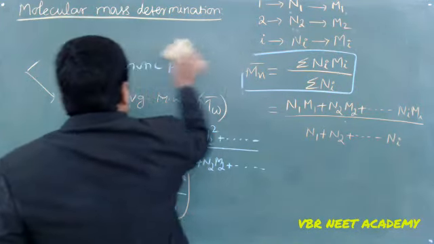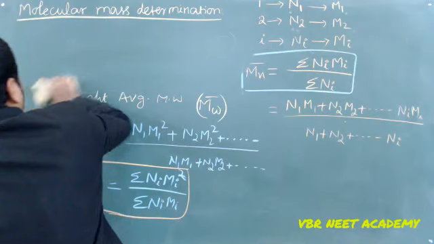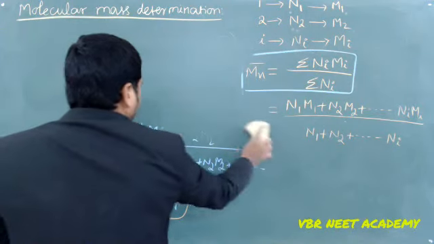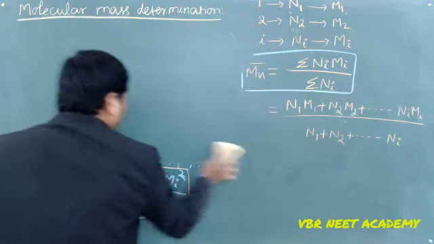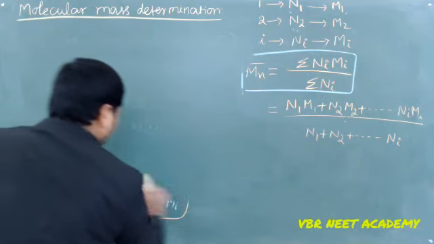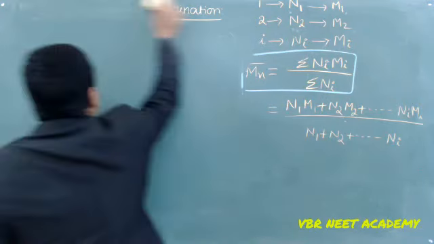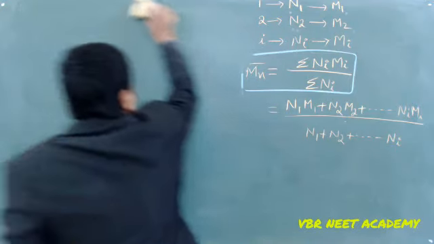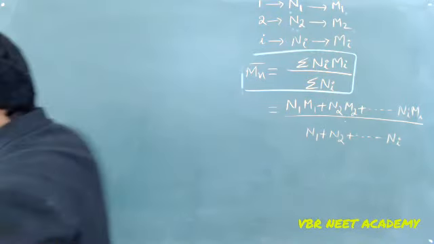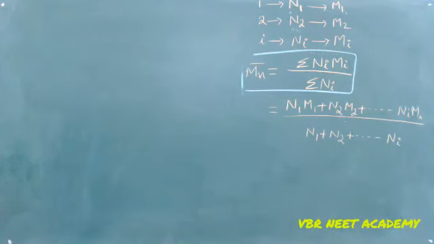polydispersion index. How to know the polydispersion index? It is a ratio between Mw bar and Mn bar.